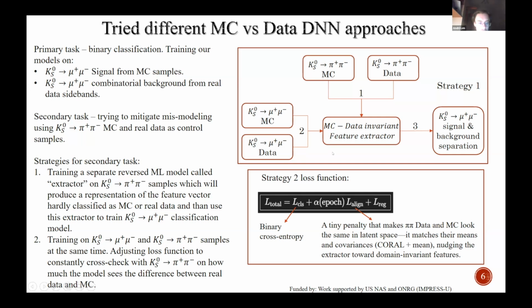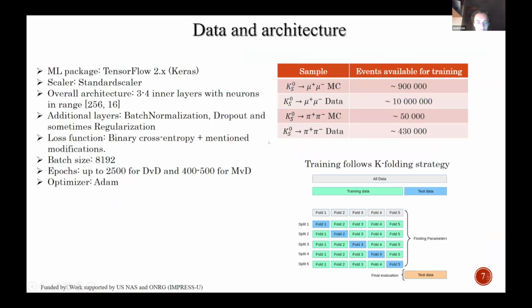The second strategy is training on K-short to mu mu and K-short to pi pi samples at the same time, but adjusting the loss function to constantly cross-check with K-short to pi pi how much the model sees the difference between real data and Monte Carlo.